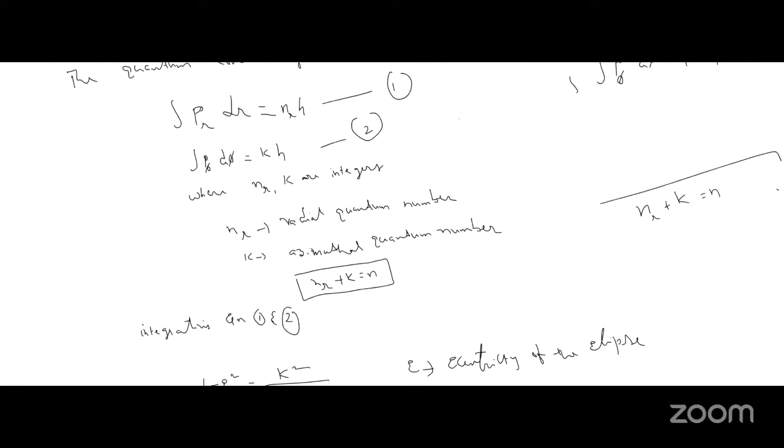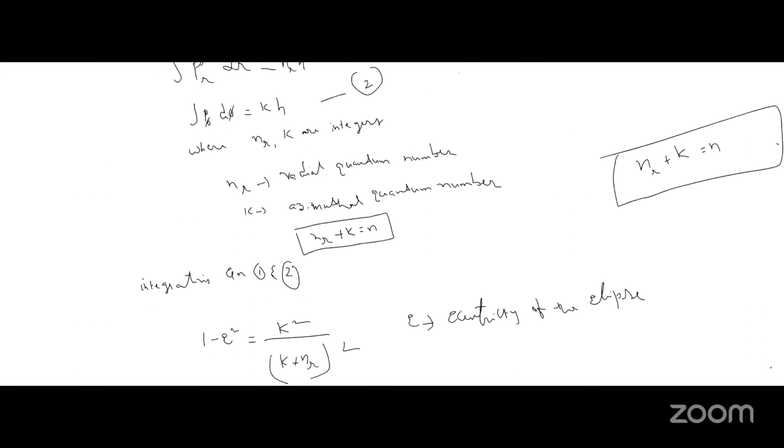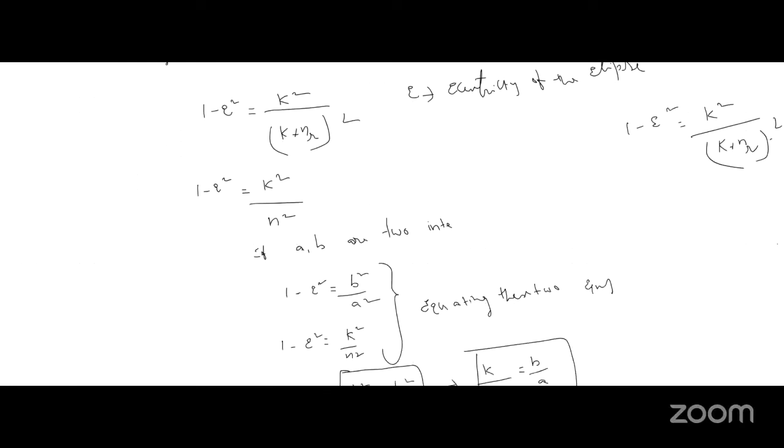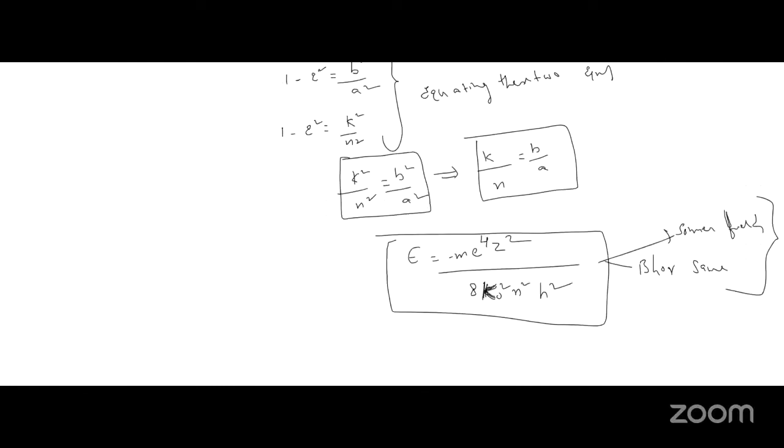Using this, I simplified further and got 1 minus epsilon square equal to k square by k plus nr whole square. In this, I wrote k by n equal to b by a, and wrote the energy equations. So this is the derivation part of Sommerfeld theory.